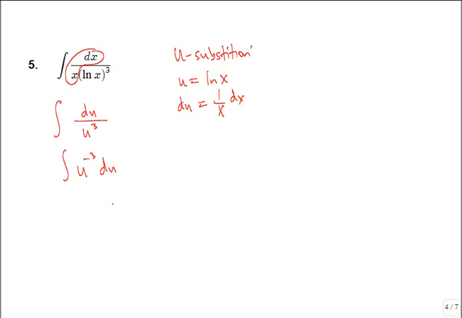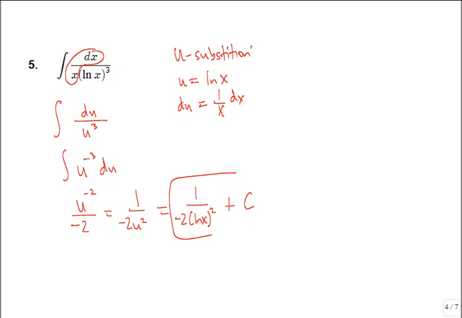That's a power rule. So when I add 1 to the power, it becomes negative 2 divided by the new power. If you want, you can rewrite that as 1 over negative 2u squared. And then substituting back in terms of x, this is just 1 over negative 2 ln of x quantity squared. And finally, we can put in our plus c.